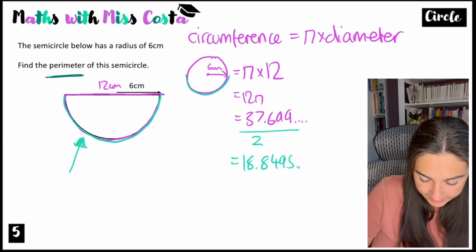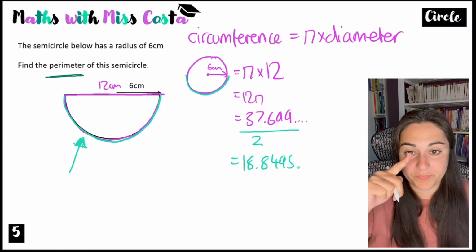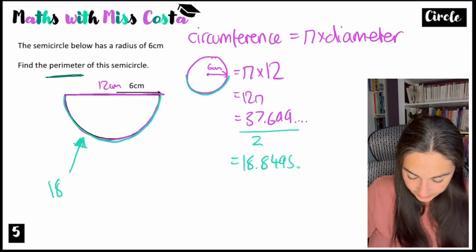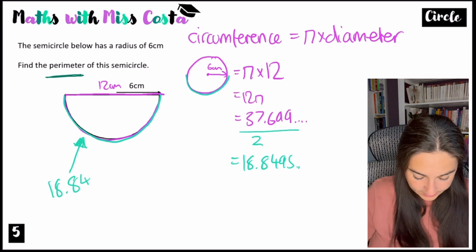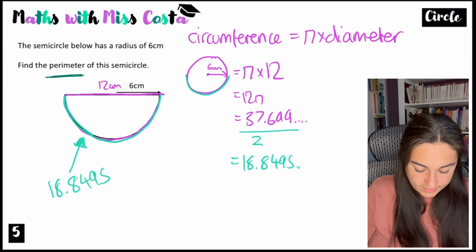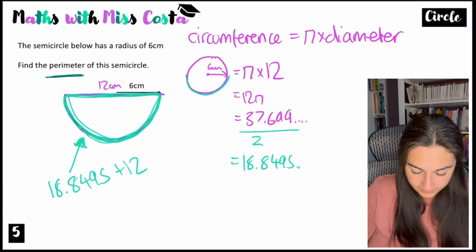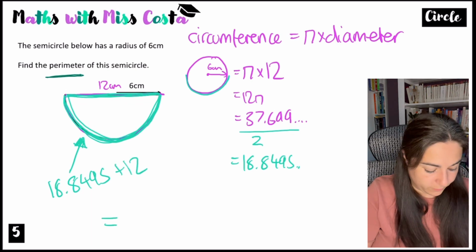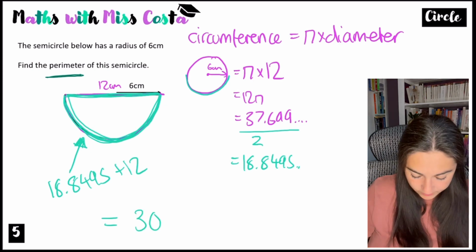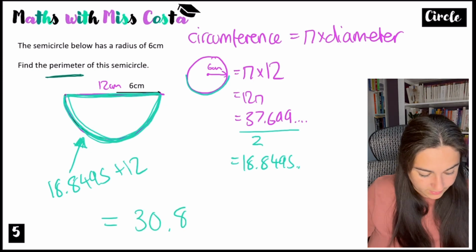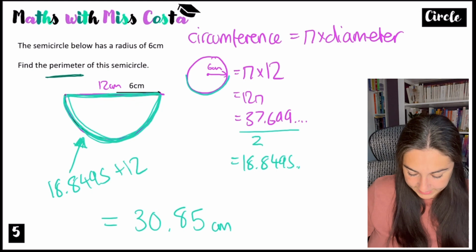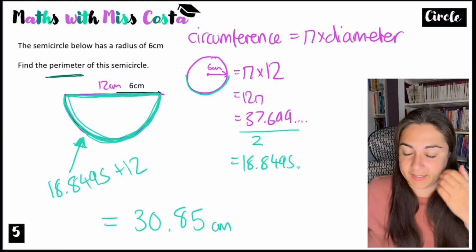So this part here, the circular part, is 18.8495. But remember perimeter is all the way around the outside of the shape, so you add the 12 centimeters of the diameter as well. Therefore the perimeter of this shape would be 30.85 centimeters rounded to 2 decimal places.